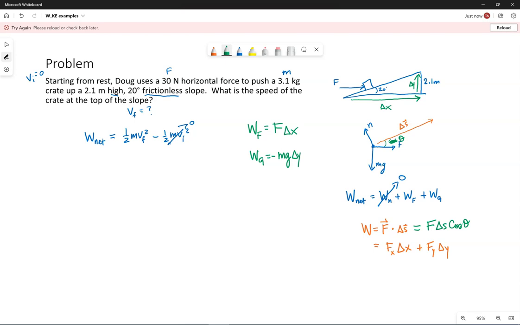For gravity, we could totally do the force of gravity times delta S, and then the angle we would want for gravity would be 90 plus this theta. That works out the same way. So whichever way makes most sense in your head, go with it.